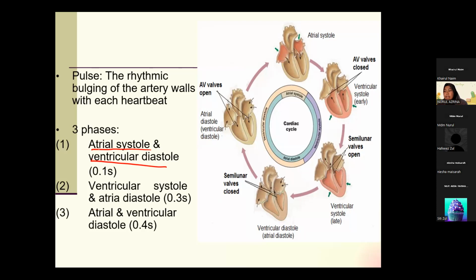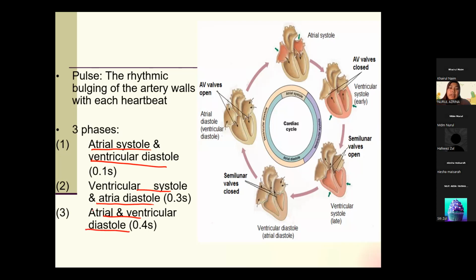Okay. Second phase is ventricular systole, atrial diastole. So now the ventricle contracts, the atria will be relaxed, and it takes around 0.3 second. All right. And number 3 is atrial and ventricular diastole.